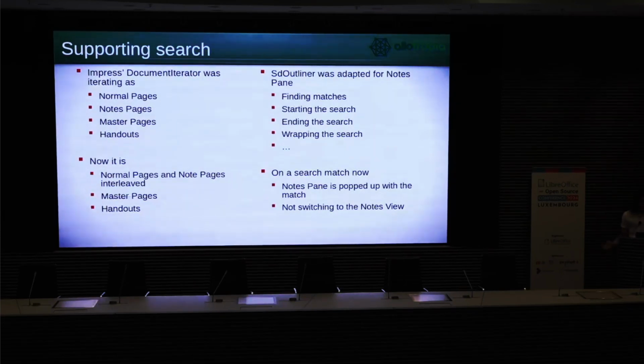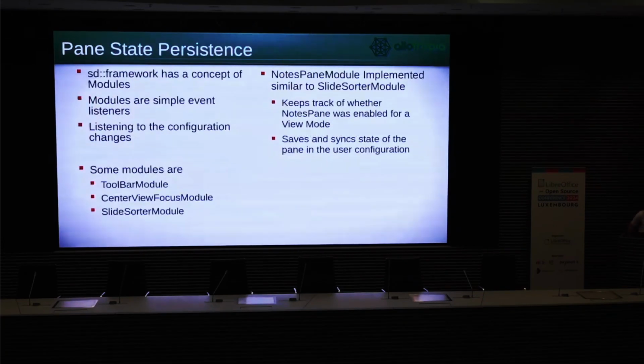So all of those had to be adapted: searching forwards, backwards, if it matched a shape, if it didn't match a shape. It didn't expect to be searching this simple text view. Basically, it assumed everything was shapes, but the notes pane didn't have any shapes. So there was lots of moving things around to get that to work. But eventually it did.